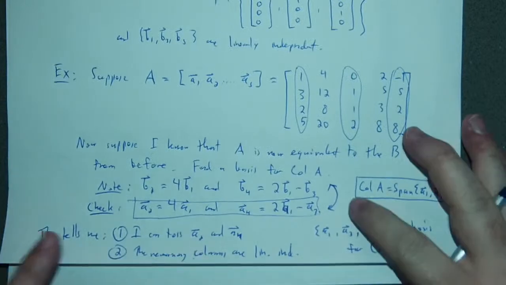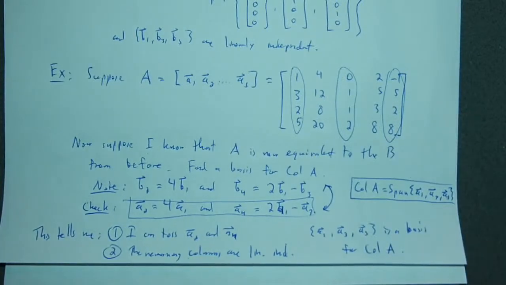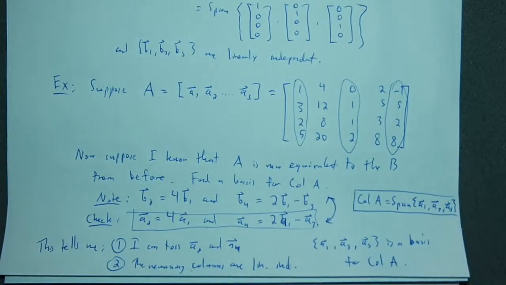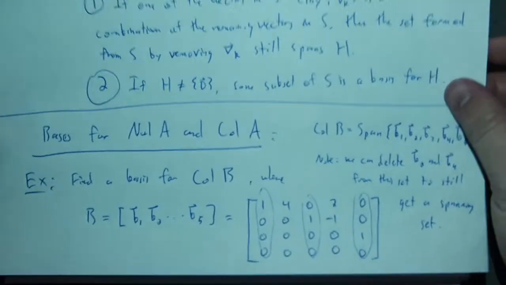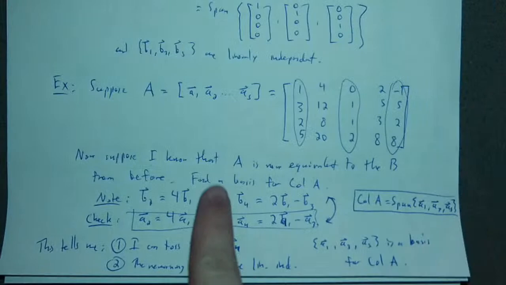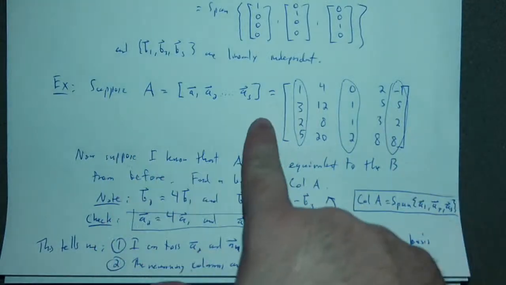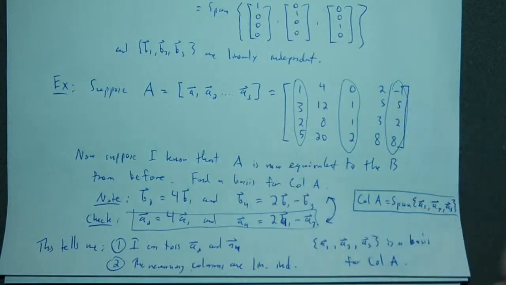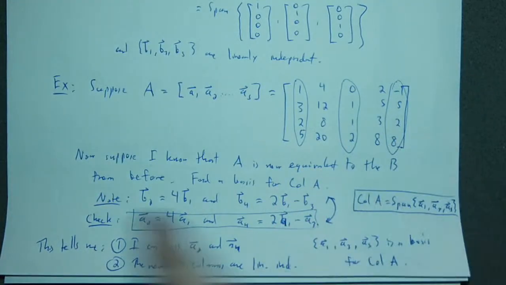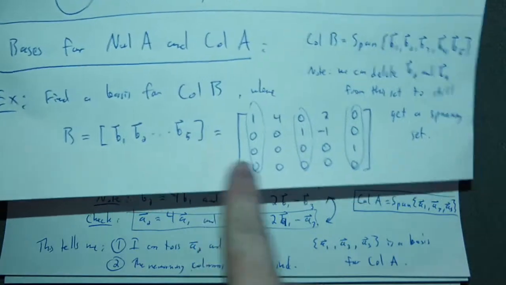Oh, there we go. Yes, B is the reduced row echelon form of A, right? Okay, so yes, this is going to lead us to the general way of doing this. All right, and so what is the idea here then? So I have a generic matrix A. If I want to find a basis for the column space of A, I row reduce it to get its reduced row echelon form.